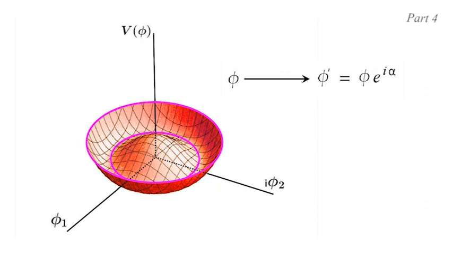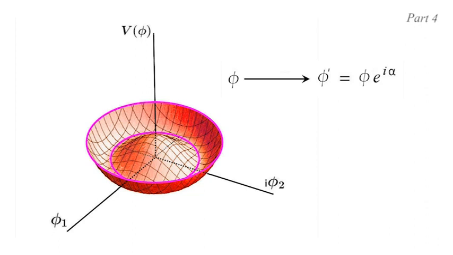If this kind of mathematics looks unfamiliar, don't worry. Multiplying phi by this term e to the i alpha simply means rotating phi around the complex plane by an angle alpha, keeping the same radius. In other words, it goes around the circle.